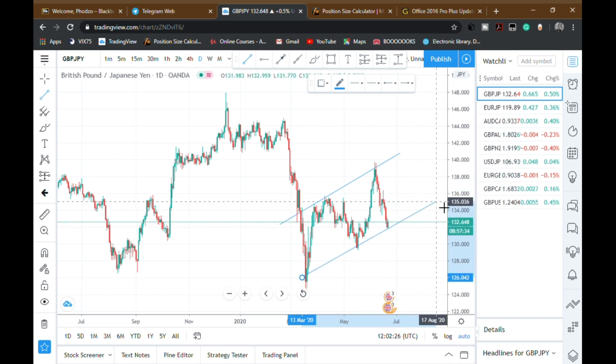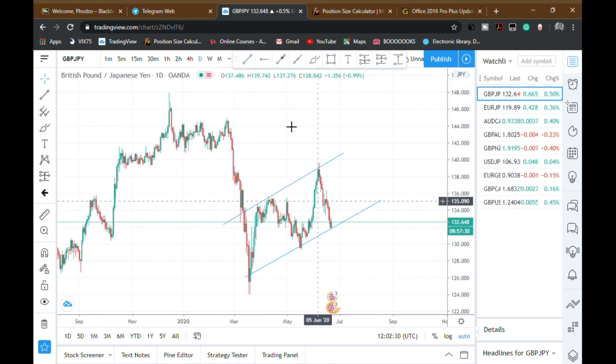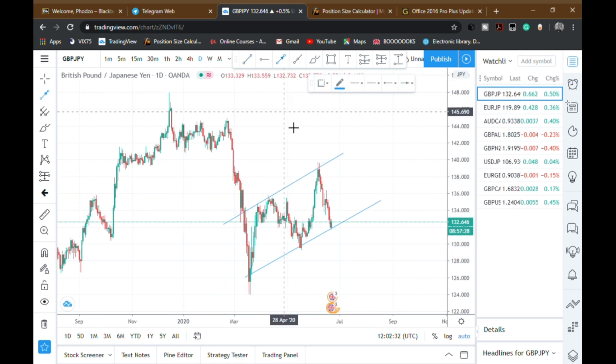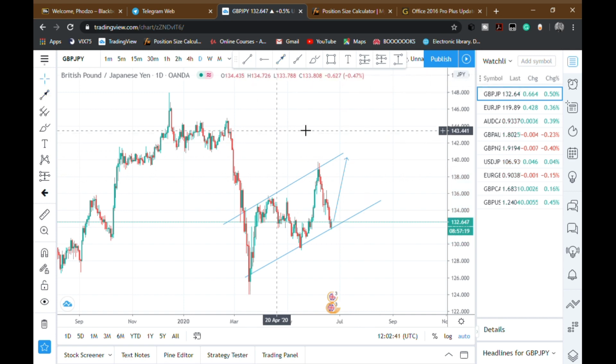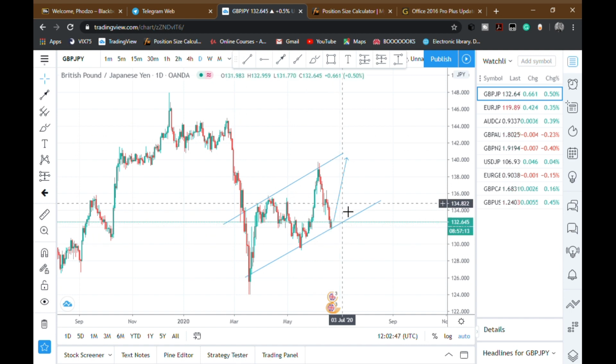This is what I see. So my bias on GJ at the moment is going to be buys. I'm going to be taking buys. So I'm just going to wait to see a clear signal right here.